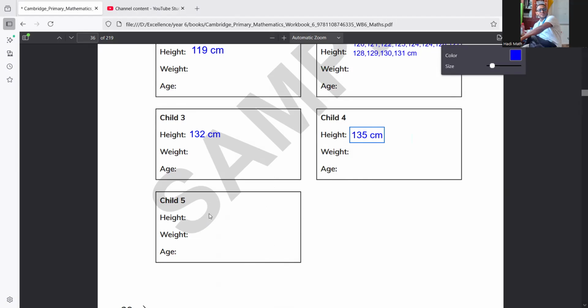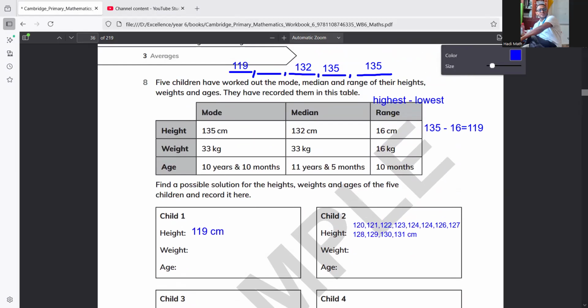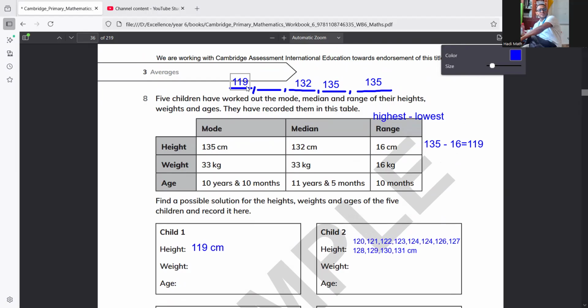And the last one we said is also 135. So we find the height of all of them. The first one is 119. The second one, you have got many choices. The third one, 132. The fourth one, 135. And the fifth one, 135. Now we're done with the height. Let's take this height out.